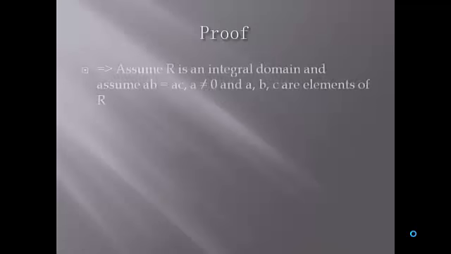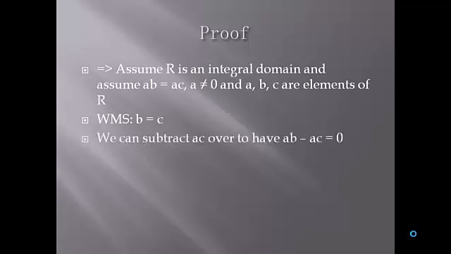I'm going to assume that R is an integral domain and assume that AB equals AC and that A does not equal 0. And of course, A, B, and C are elements of the ring. We have to show that B equals C. Remember, we're in a ring, so we have additive inverses, and so we can subtract AC from both sides to end up with AB minus AC equaling 0.